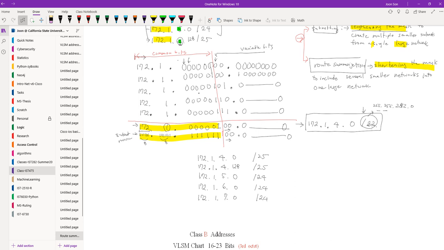And then you know that our answer is the summary route, the summary IP, summarizing the IP addresses.